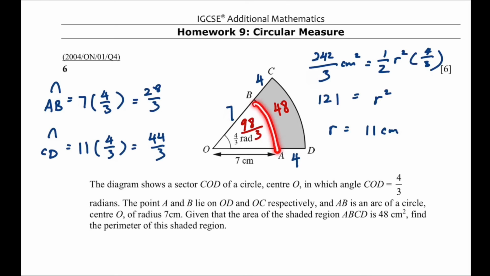So 28/3, 44/3, 4 and 4, you can find the perimeter of the shaded region.